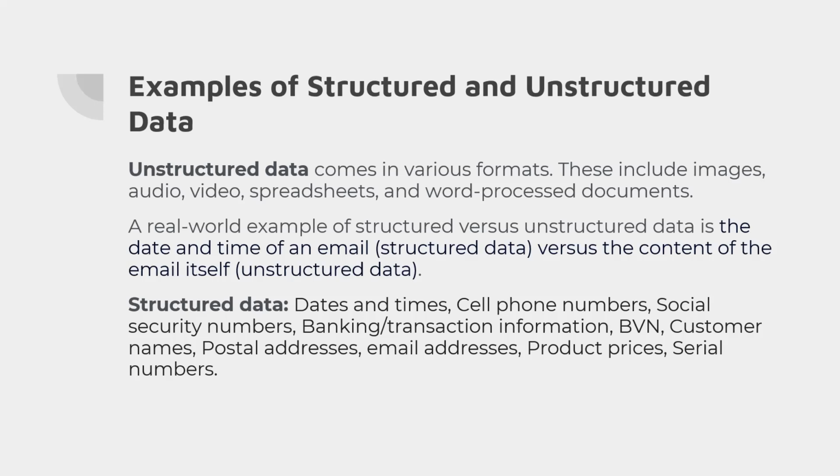Customer names is also structured data, postal addresses, email addresses, product price, serial number, and so on. There are a lot of them. So these are the examples of structured and unstructured data. Every image, audio, video, spreadsheet, and word processed documents all fall under the category of unstructured data.